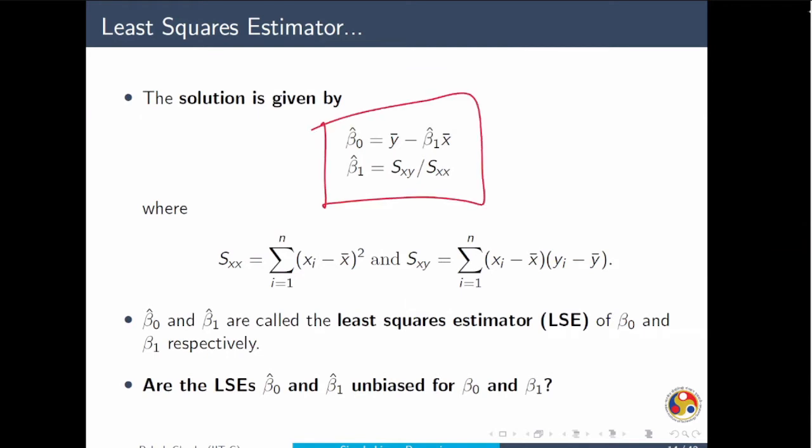So beta naught hat equals y bar minus beta 1 hat x bar, and beta 1 hat is equal to Sxy by Sxx, which are denoted by these two quantities here.